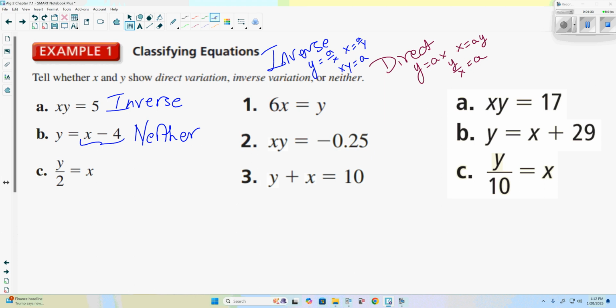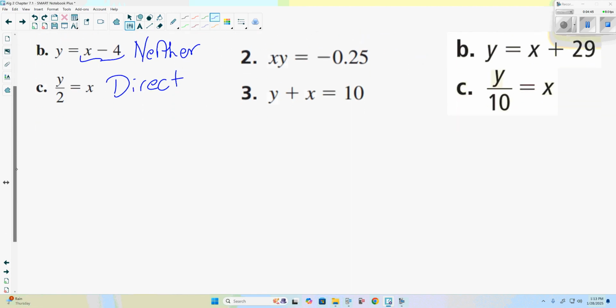C. It's actually not going to be neither. It's going to be direct. Now, there's a few ways we can look at C. One of them is that we actually have 1/2 times y is equal to x, because y over 2 and 1/2 times y are the same thing.